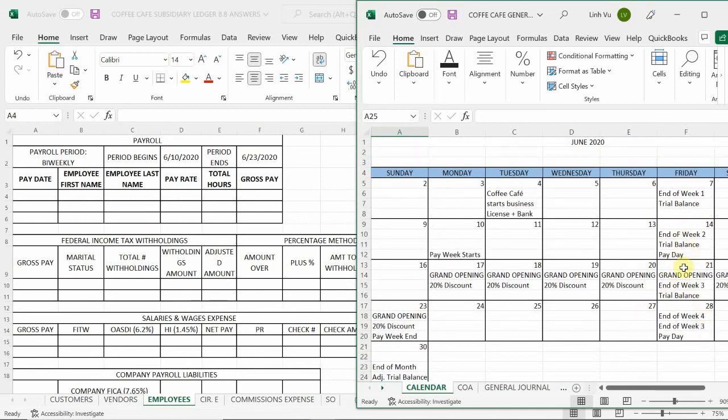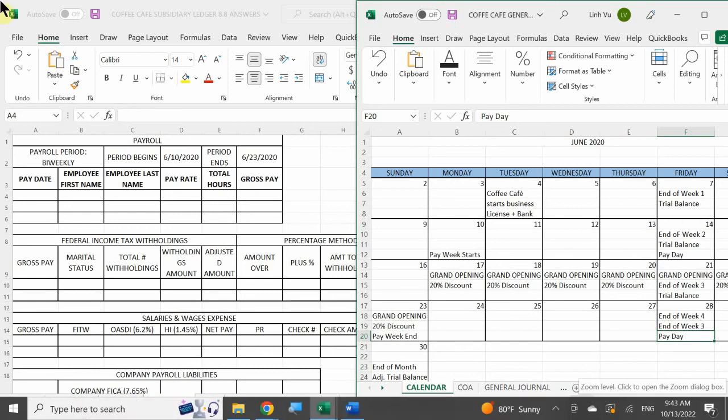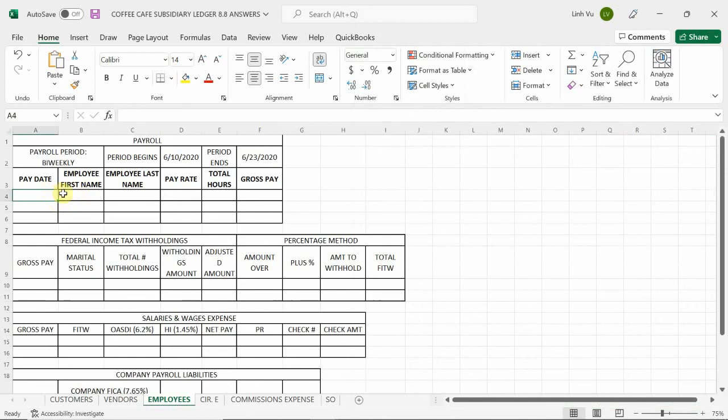My payroll day is right here. We're going to pay on the 14th and we're going to pay on the 28th. Well, it's too late for Irene to get paid on the 14th, right? Because that's the day that she's working. She didn't accumulate any other hours before then. So therefore, her pay date is actually going to be on the 28th.